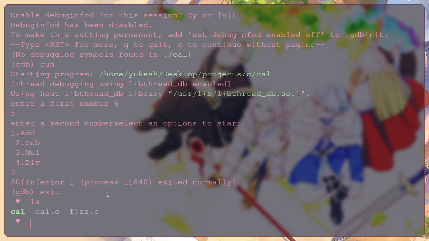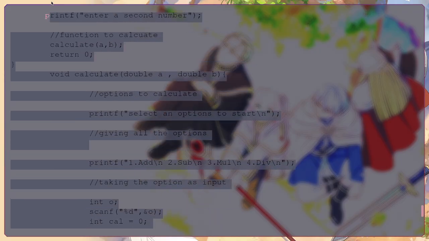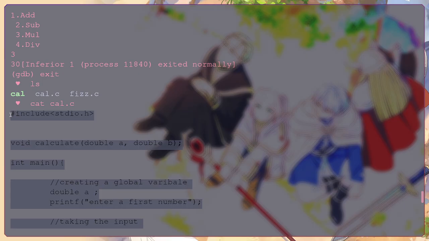Firefox. The project. This is the code. Correct or not? Cat cal.c. This also supports 5 operators including modulo. It should pass.